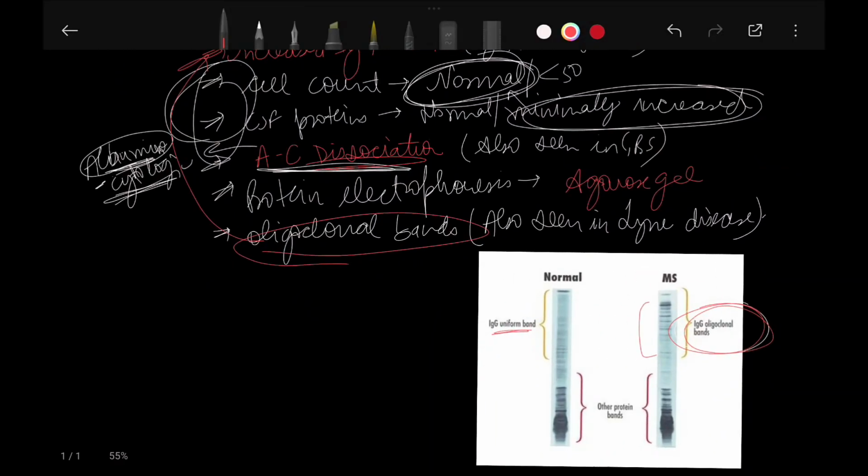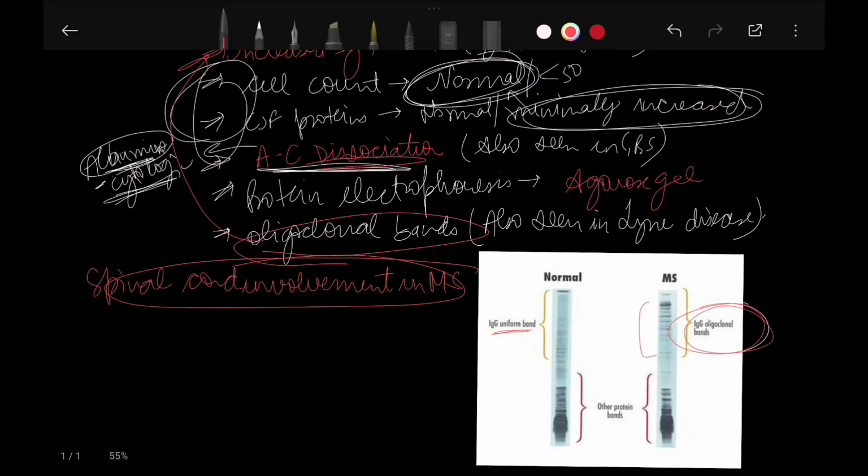And then here, spinal cord involvement in multiple sclerosis. In spinal cord involvement in multiple sclerosis, there is eccentric demyelination. Eccentric means which can happen anywhere.